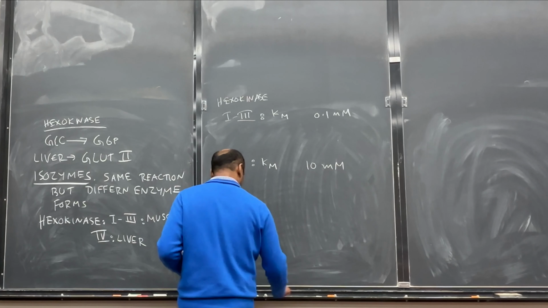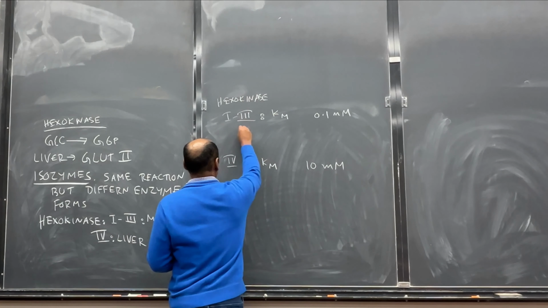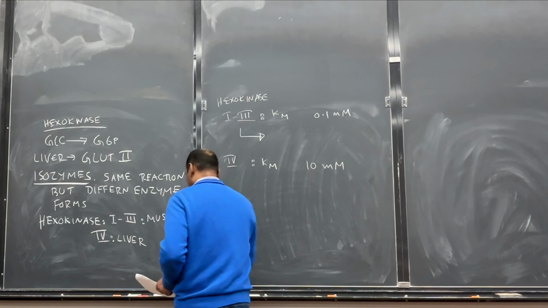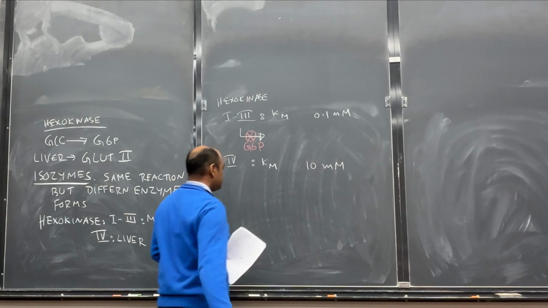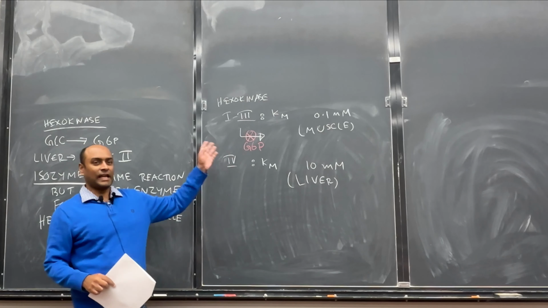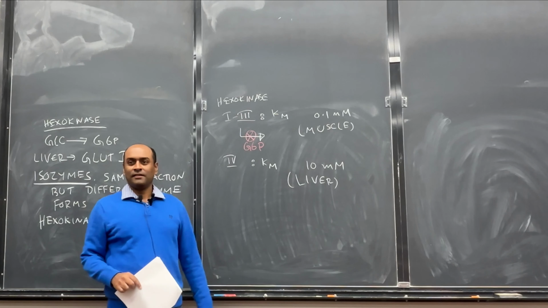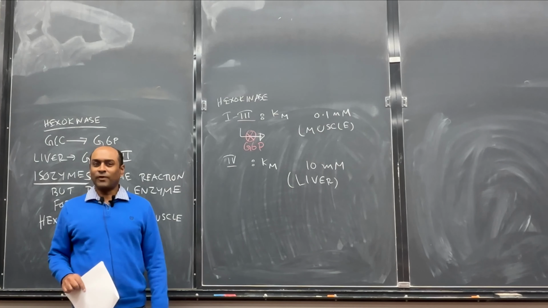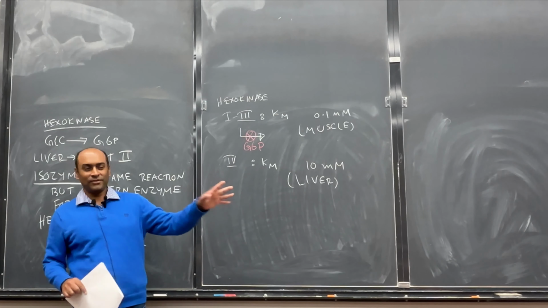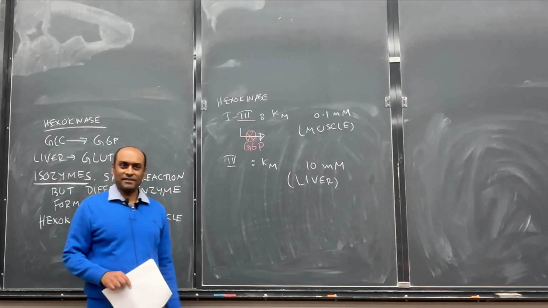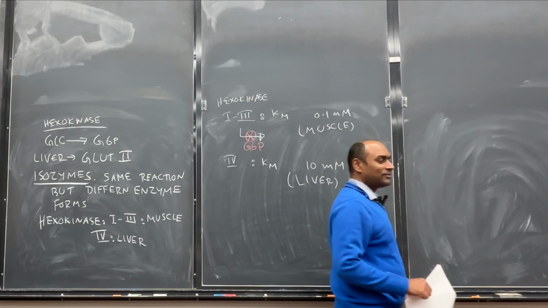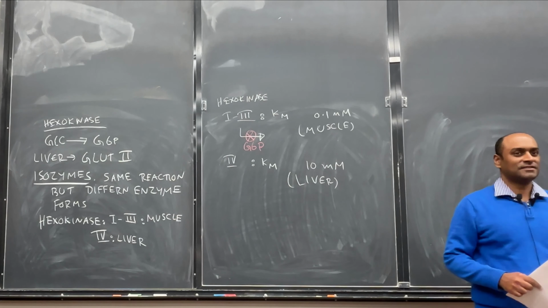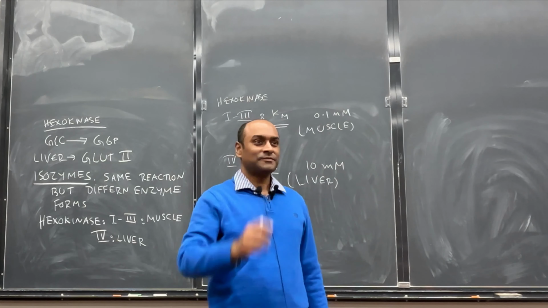Hexokinase 1 and 3 are inhibited by G6P, but not 4. Based on these Km values, what do you think it means? Why don't you guys talk among yourself for just about a minute, and then we'll discuss what these different Km values mean? Go ahead, Robert.